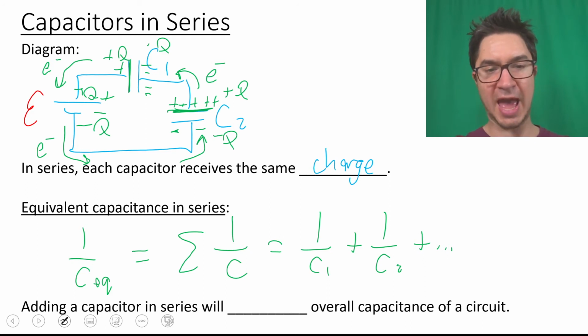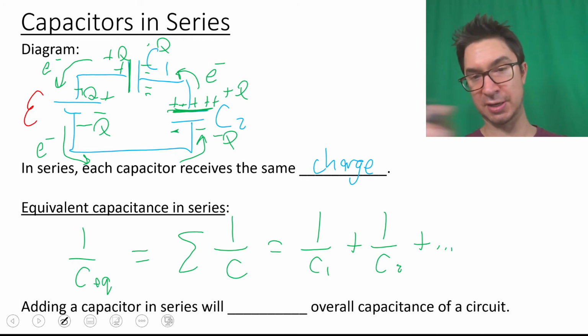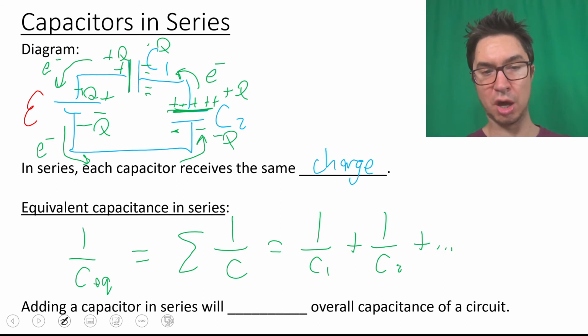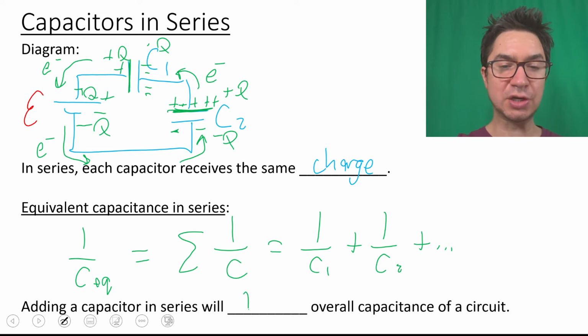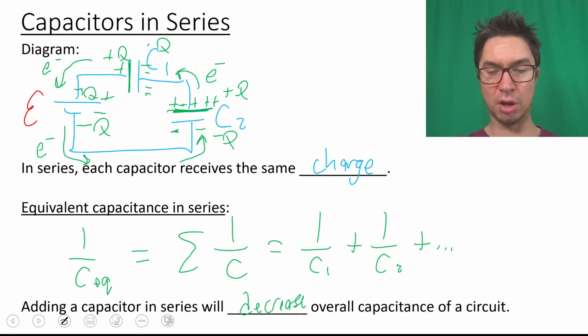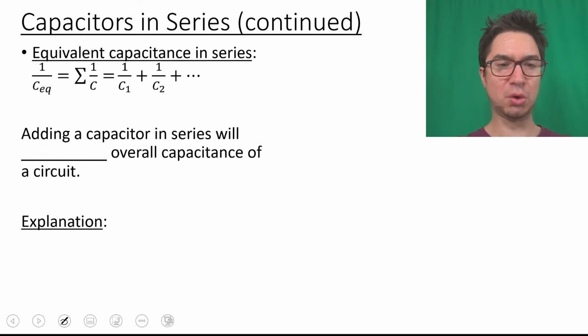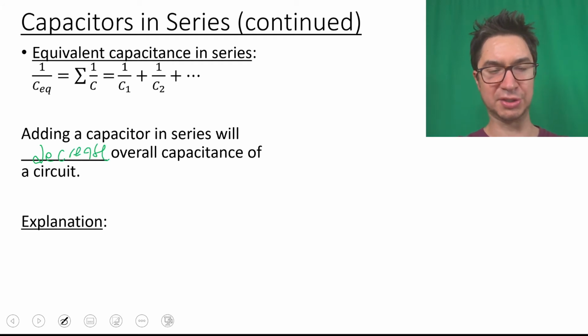We're going to find that adding a capacitor in series, just like adding a resistor in parallel, will decrease the overall capacitance of a circuit. And we're going to see a pattern for that coming up as well.